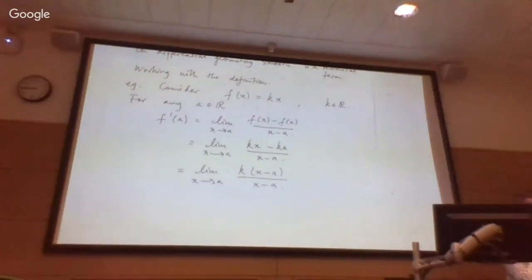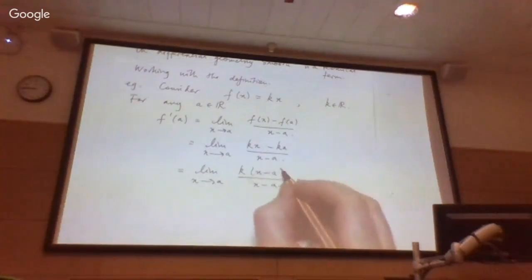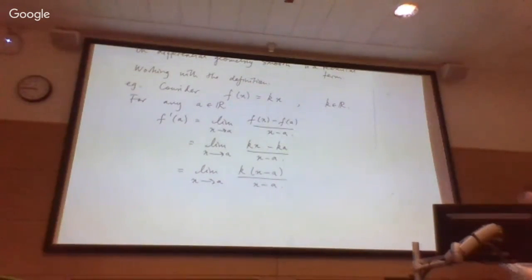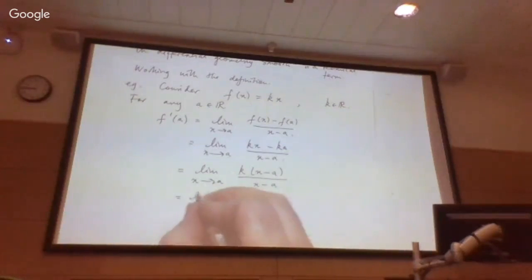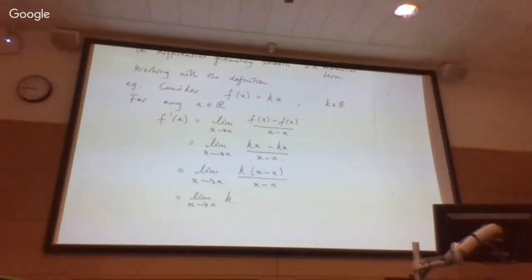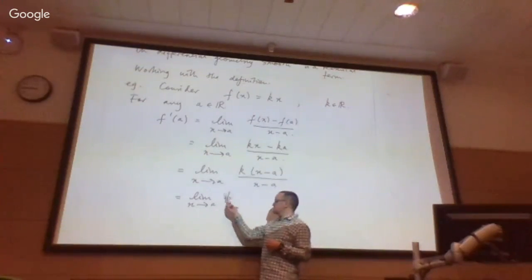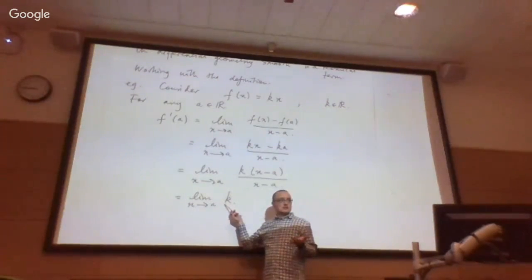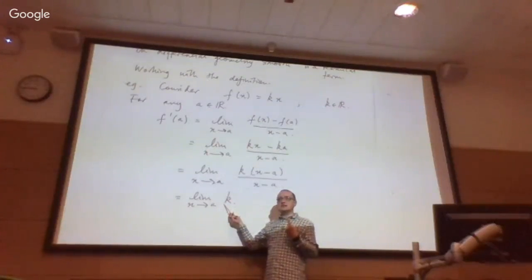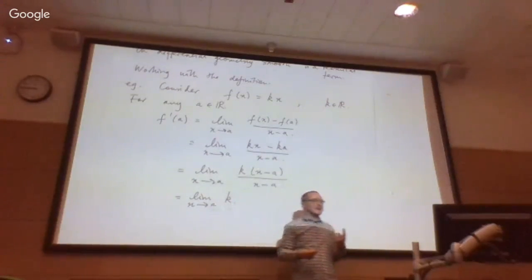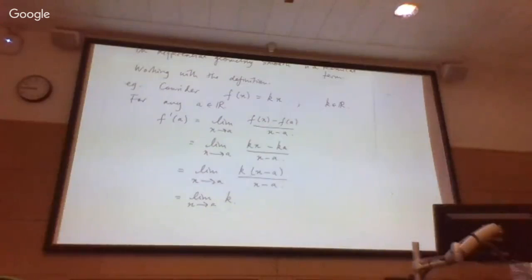So those common factors can be struck out, and you're just left with the limiting value as x approaches a of k. K is just this constant that features in the definition of the function. There's no longer any x here, so this is always just stuck at the constant value k. So this limiting value is k. That's nice.